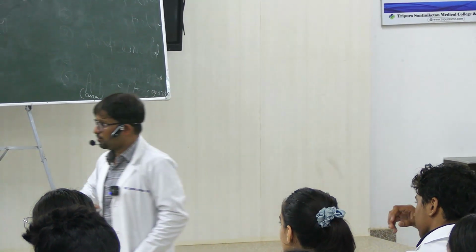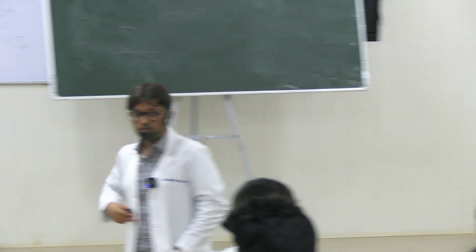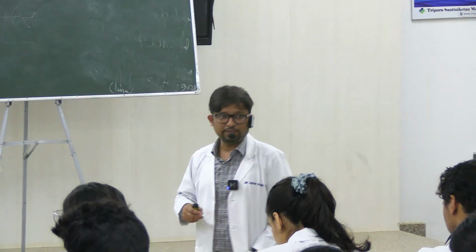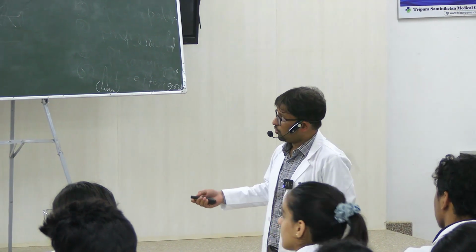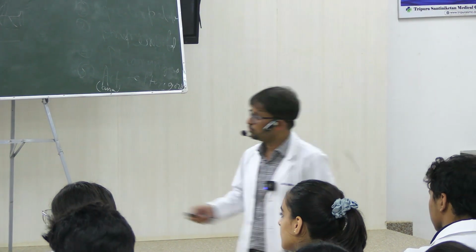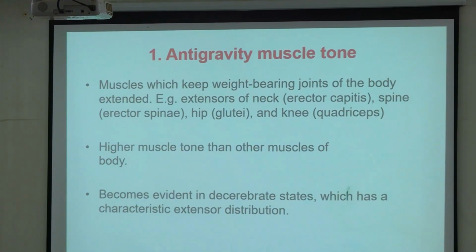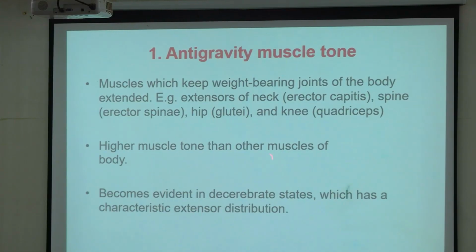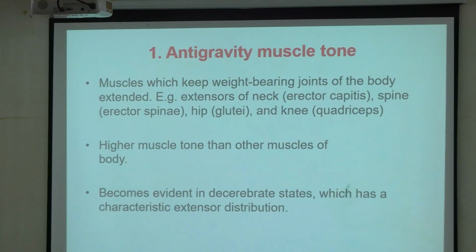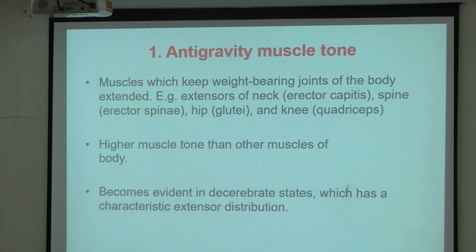So we'll discuss them briefly one by one. So anti-gravity muscle tone, the first mechanism that is there, which maintains erect posture. So all those muscles which help you to support the weight on the weight-bearing joints. So at the neck you have erector capitis, erector spinae, then you have the gluteal group of muscles at the hip, and the quadriceps at the knee joint.